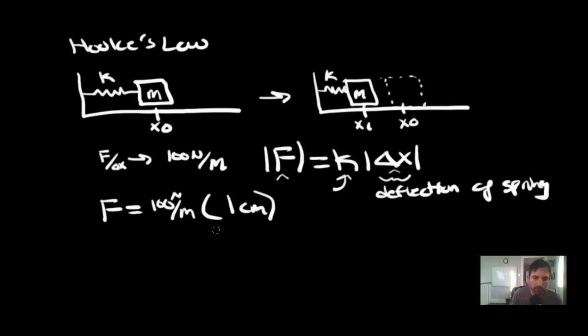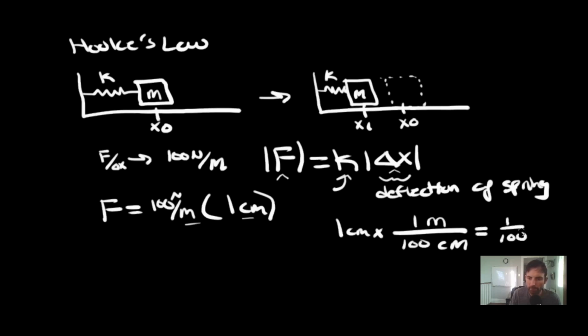Well, first of all, what we'd have to do is convert centimeters to meters, because we have to have like units here. So we have 1 centimeter. And then just like in dimensional analysis, 100 centimeters in a meter, which is 1 over 100 meters, right?